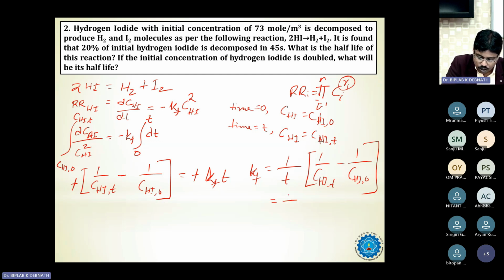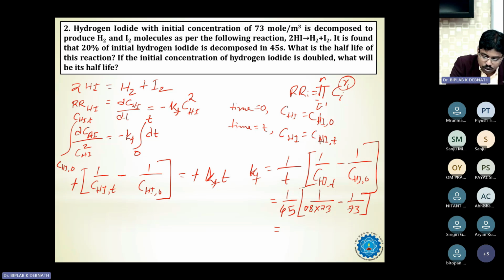So 1 by 45 second, okay, and 20% is decomposed, right? So what is the remaining quantity after time t? That will be 0.8 into 73, 1 by 73 moles. Okay. So if it is the case, then we find out.